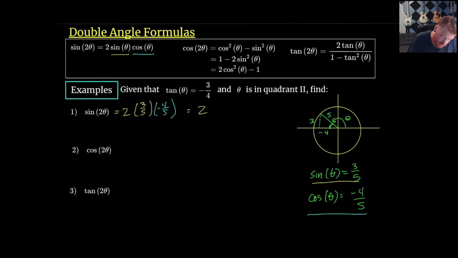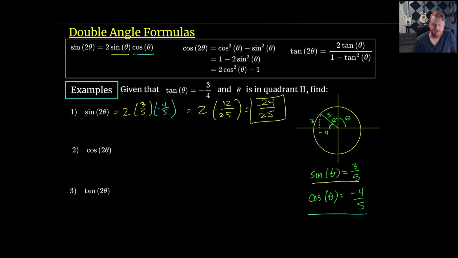If I multiply my fractions together, I'm going to get -12 over 25. So 2 times that is going to give me -24 over 25. So here is the value of the sine of 2 theta. Now we don't know what theta is, but we do know that the sine of 2 theta is -24 over 25. Okay, next we'll find the cosine of 2 theta.